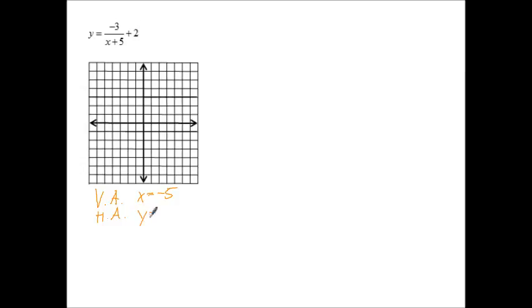In other words, y is equal to 2. -5 is our vertical asymptote, and +2 is our horizontal asymptote. Our domain is x such that x is not equal to -5, and our range is y such that y is not equal to 2.